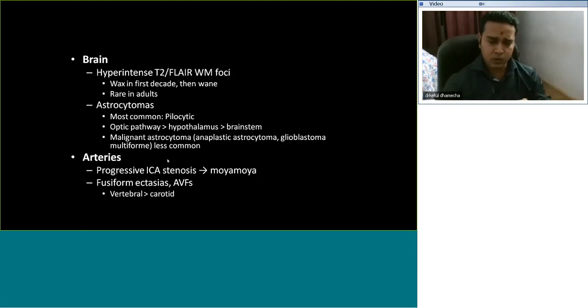They cause progressive severe narrowing of intracranial vessels, specifically ICA stenosis, that leads to Moyamoya-type phenomenon, which is commonly found on arteriography. Another vessel disease may be fusiform aneurysm, and AVM you can find.